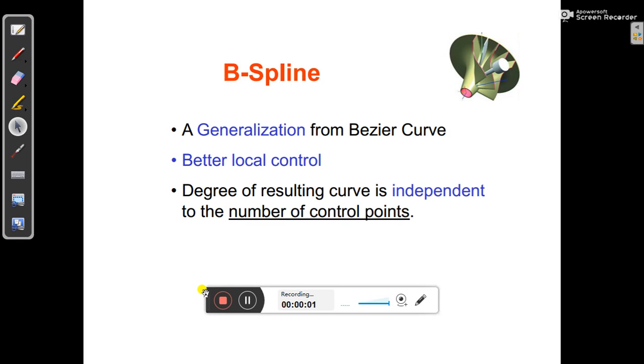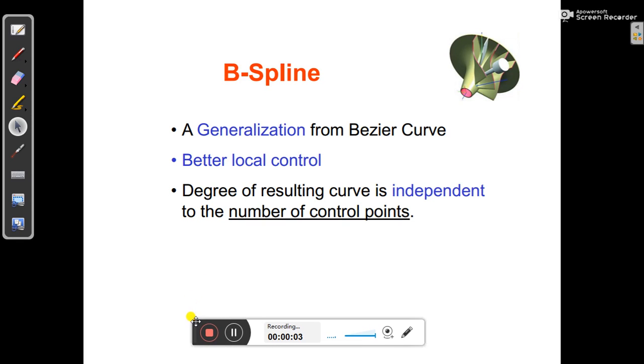Hello student, I'm going to start from the last topic that has been discussed in the previous video, that is about B-spline. We are discussing these curve representations in computer graphics systems in the last two videos.